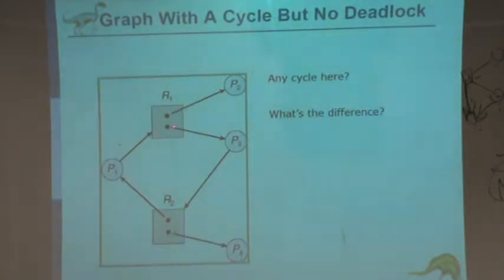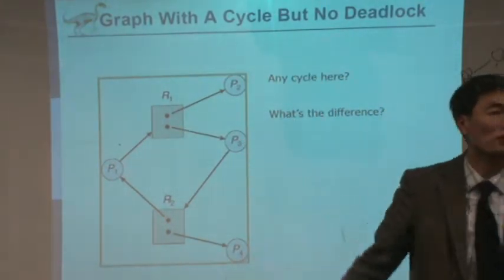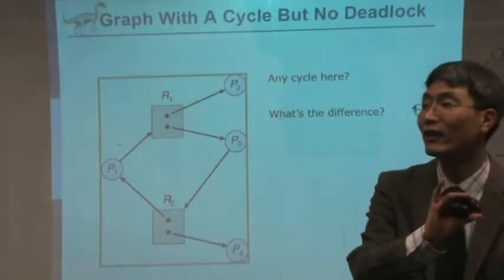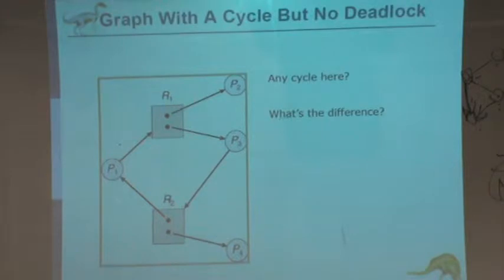So whether we can find the circle from the graph, such as a resource allocation graph, or not. If we cannot find any circle, that means no deadlock, right?